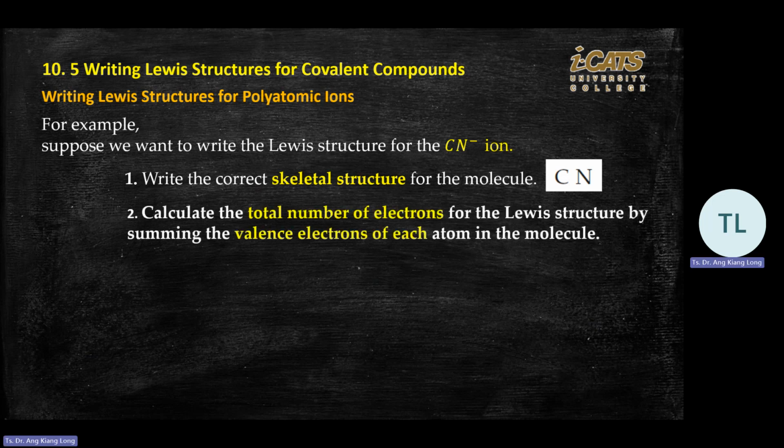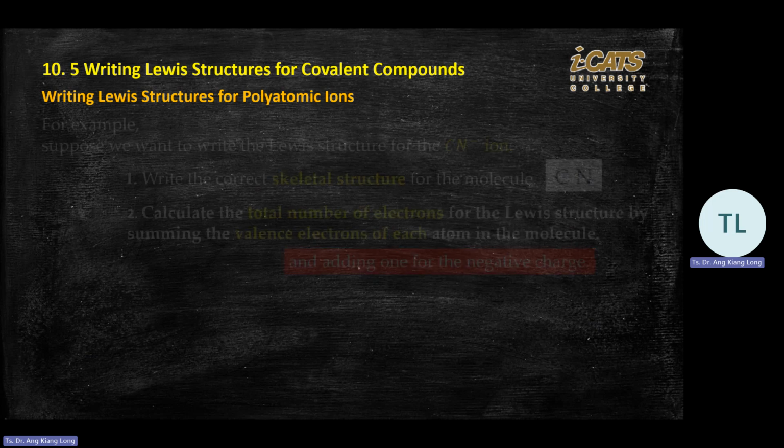Step number 2, you calculate the total number of valence electrons. So this is an ion. In this step, you need to give me extra lines for the ion: if positive charge, remove 1 electron.